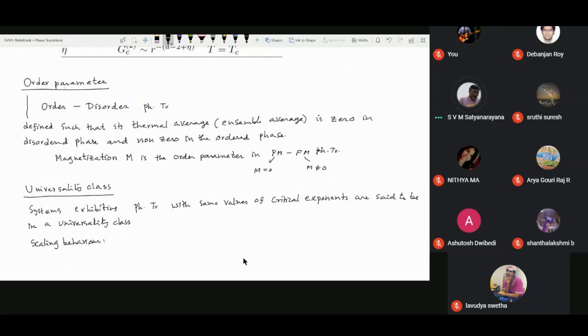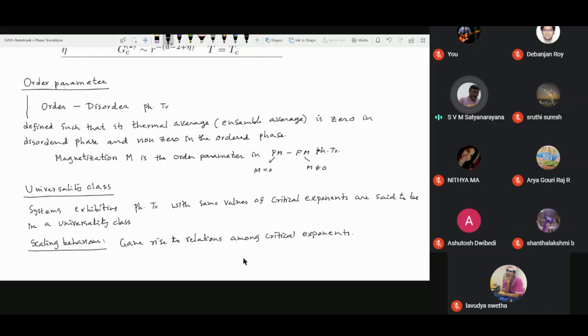So scaling behavior gave rise to relations among critical exponents. That means not all critical exponents are independent, but they are related. Okay, so critical exponents are related.